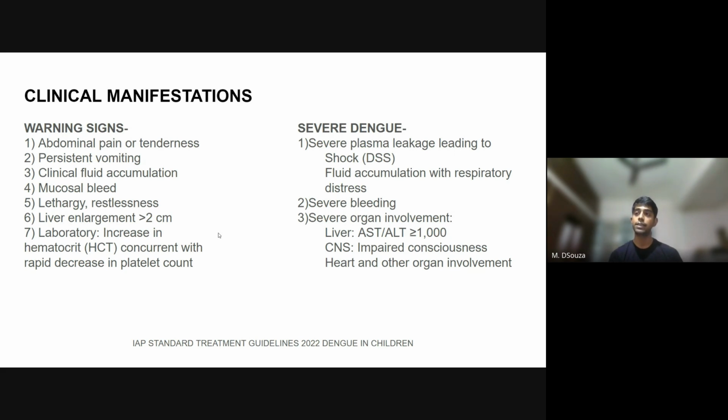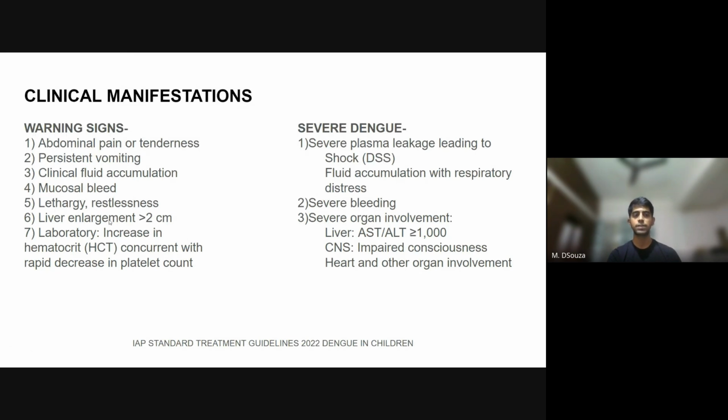This in turn can lead to ascites or pleural effusions. So children with any signs of that, mucosal bleeding on account of the thrombocytopenia, children who in general have danger signs, or an enlarged liver, a tender hepatomegaly, with an increasing hematocrit and rapid fall in platelets. These are what would classify as dengue with warning signs.